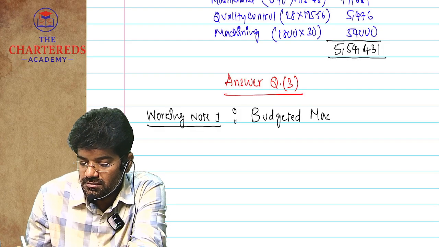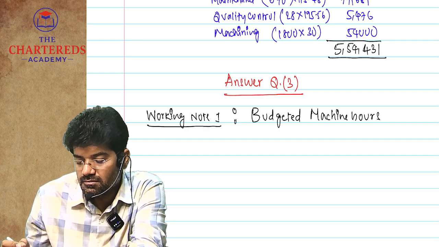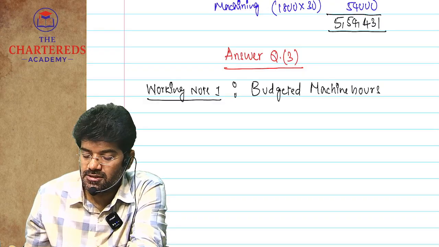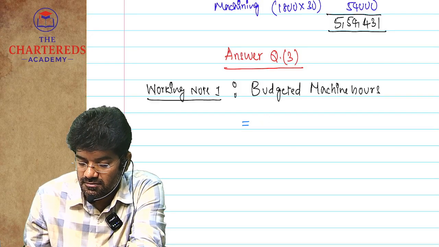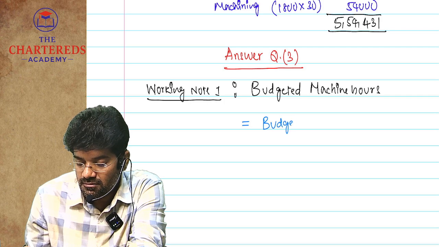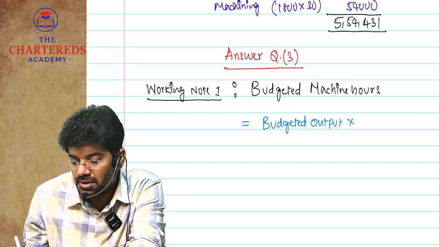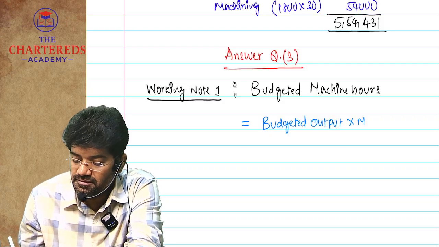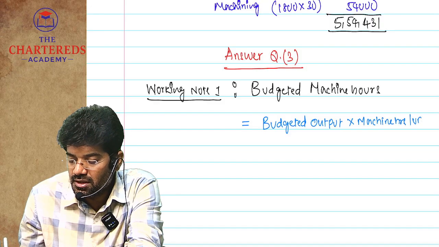Budgeted machine hours. What do you get? Budgeted machine hours is budgeted output with the product key, multiplied by how many machine hours are required for each unit, machine hours required per unit.